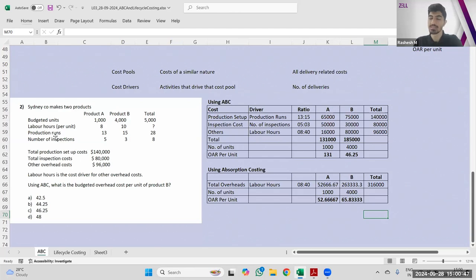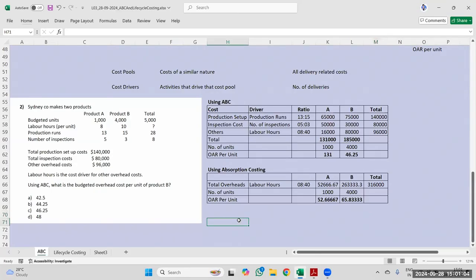A production run is like a batch, correct? So basically it's saying in 13 batches, it made 1000 units. In 5 inspections, it was able to inspect all 1000 units. They are not mentioning it is per unit or per batch. If they would have, then we would have to do the required adjustments.